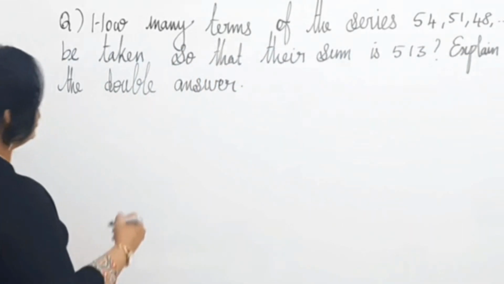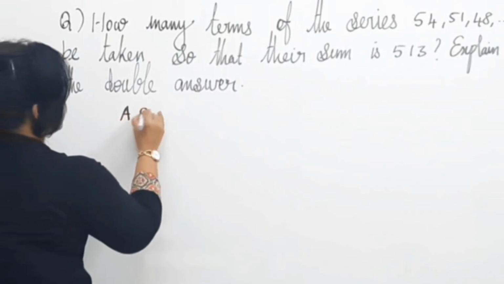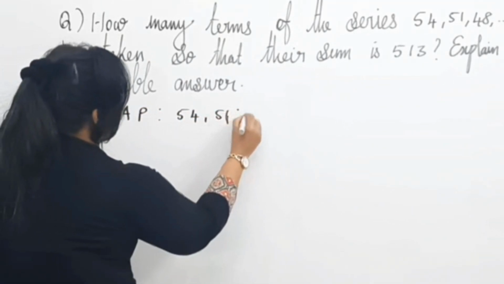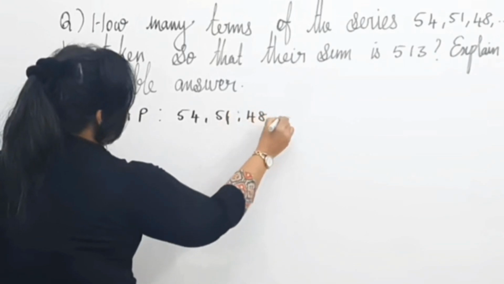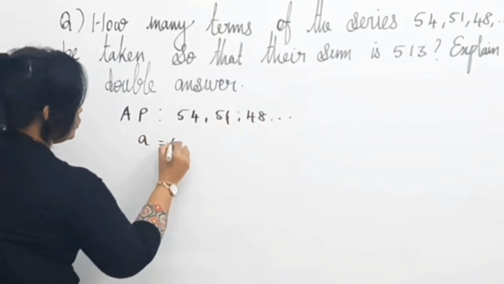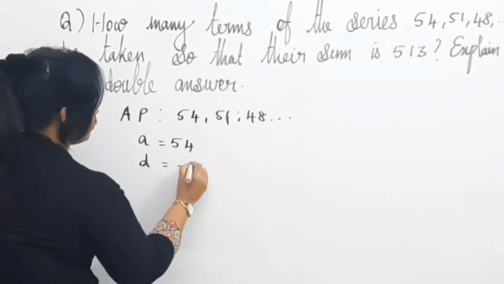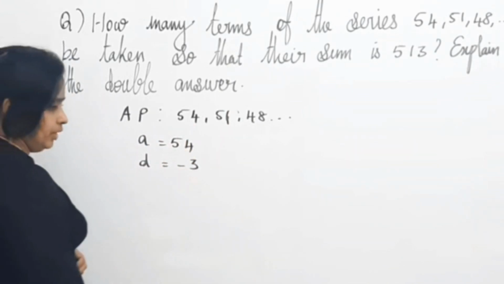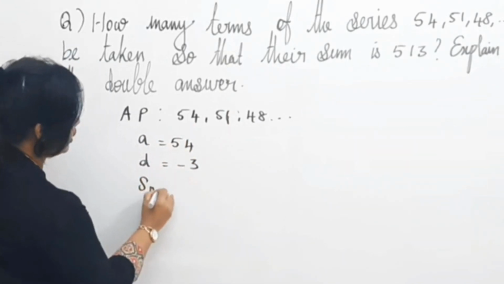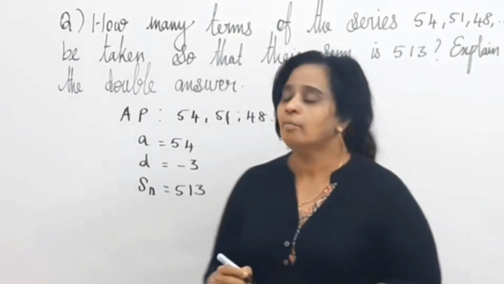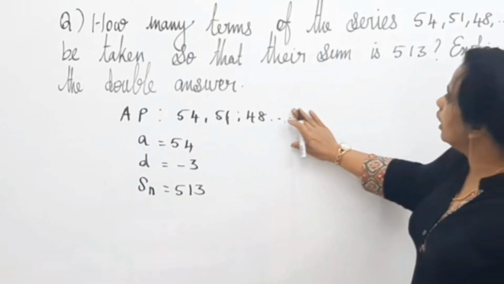So we'll go for AP. So AP is given as 54, 51, 48, etc. Now my a is equal to 54 and d is equal to 51 minus 54, which is minus 3. Now Sn is given as 513. Now I go for finding how many terms.